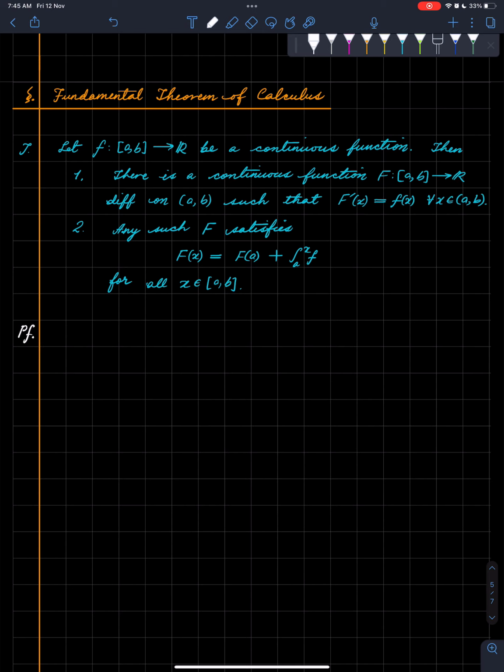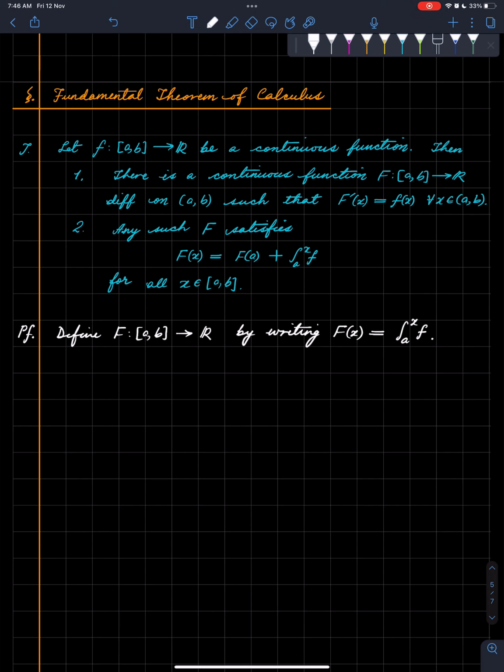So define capital F by writing F of x is the integral of f from a to x, and it is the integral because continuous functions are Riemann integrable, and therefore this integral makes sense. Okay, so we have that.